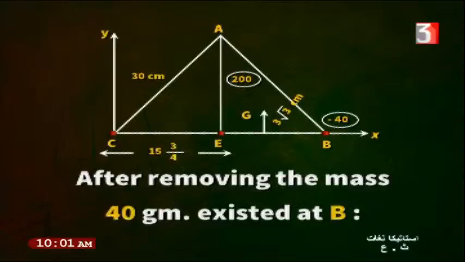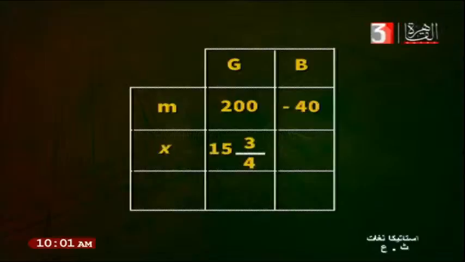My dear student, after removing the mass 40 gram existing at B, we form the table at G and B. Mass at G 200, B negative 40, with X coordinate and Y coordinate.